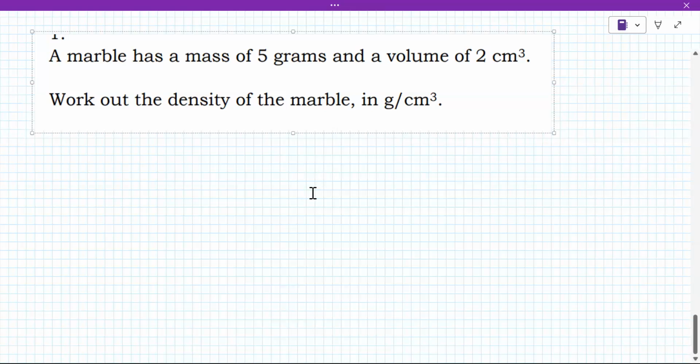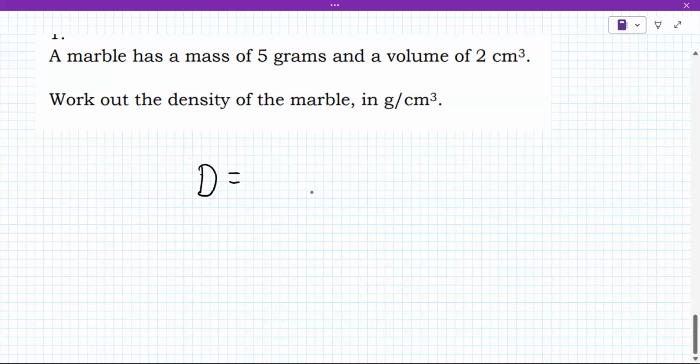2 divided by 5. Is that your final answer? That's 0.4. Okay. Can you tell me the formula for density? What does it equal? Mass divided by volume. Okay. What's the value of m? 2.